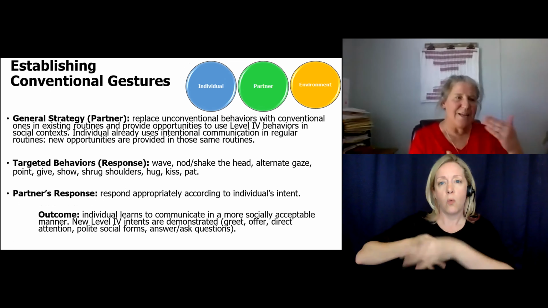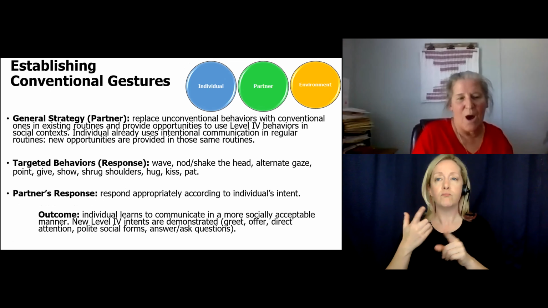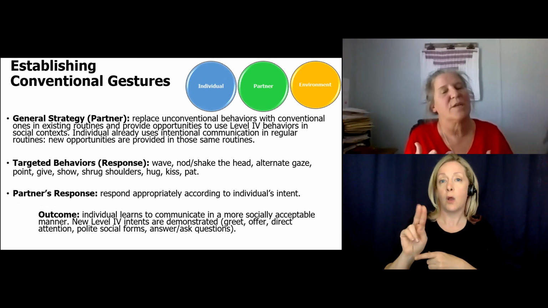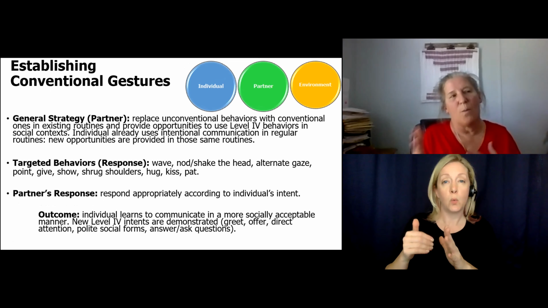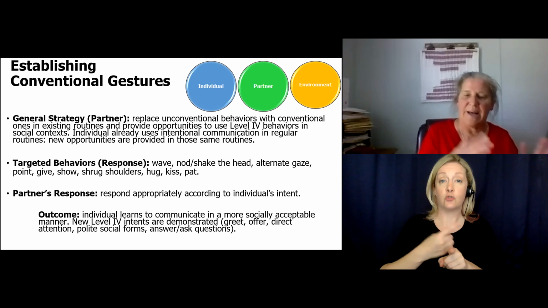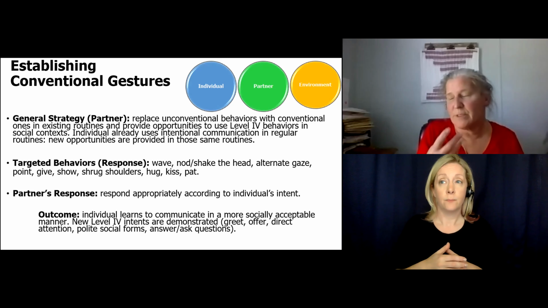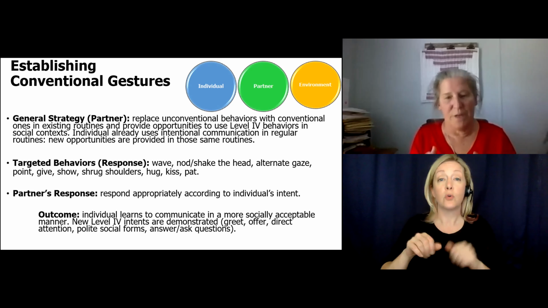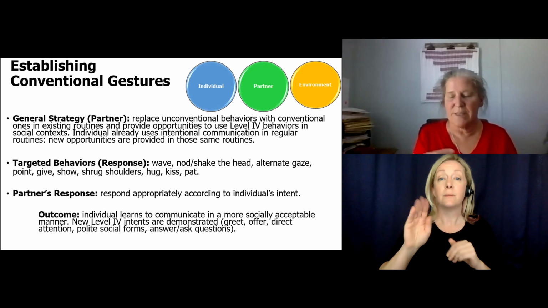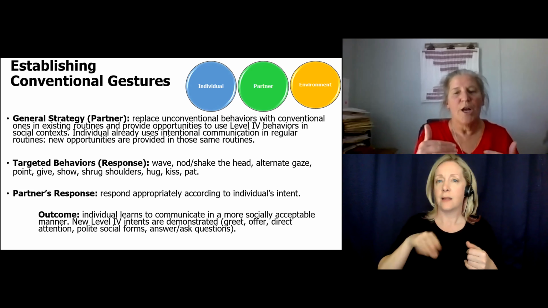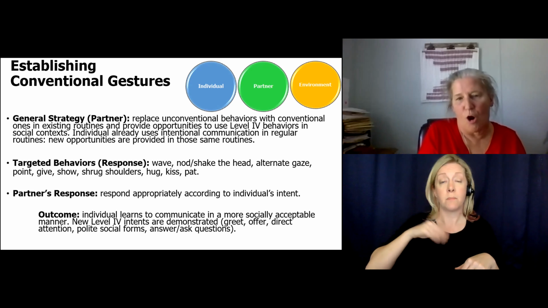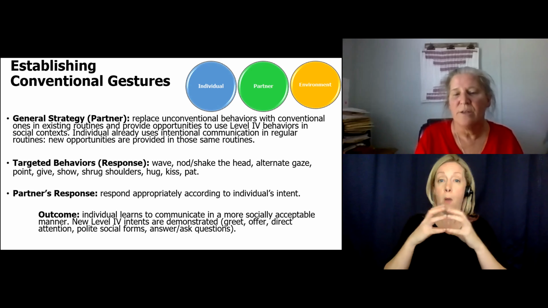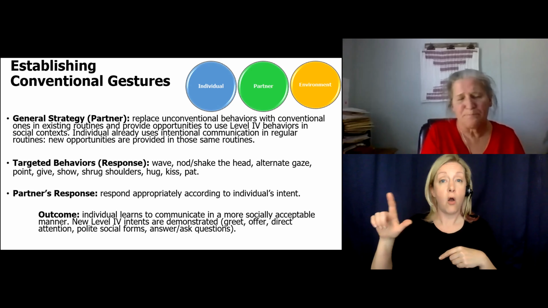As we're doing those routines, we really want them to start putting in more of those conventional gestures than we have in the past. In the past, we were able to accept just "bah" instead of "ball." Now I really want you to give me more of the sign, so that you're intentional in your communication and you're doing it the right way so that everybody will understand.